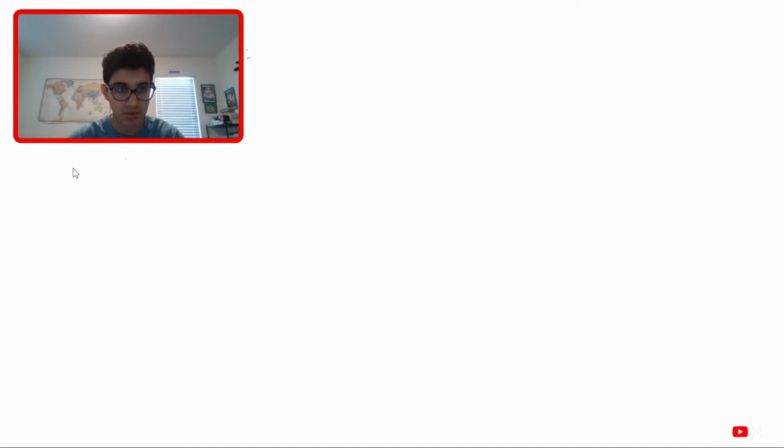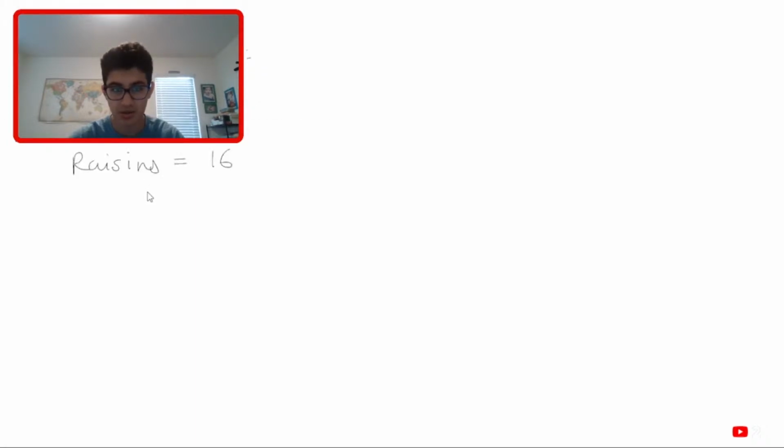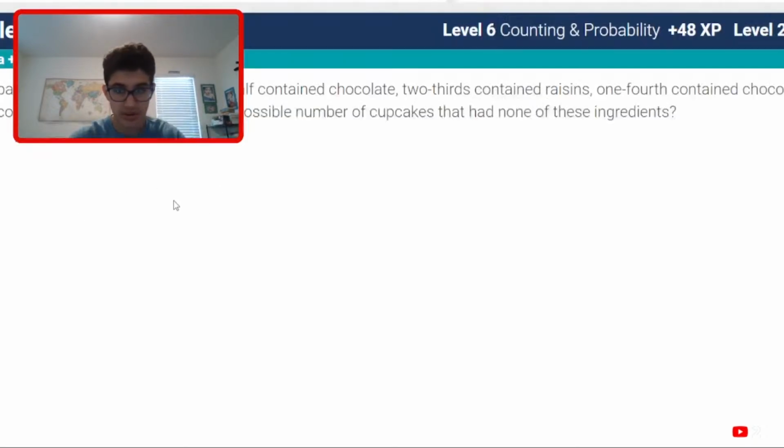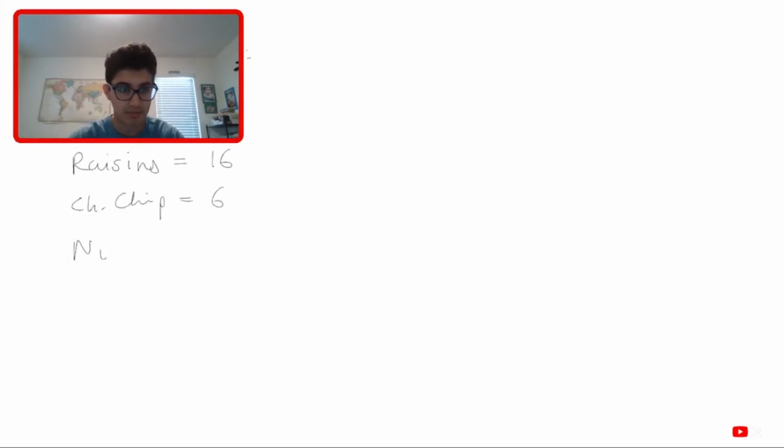So that will be 16 with raisins. 1/4 contain chocolate chips. So that will be 6 with chocolate chips. And then what's the last one? 1/6 contain nuts. So that will be 4. So nuts are in 4 of them.